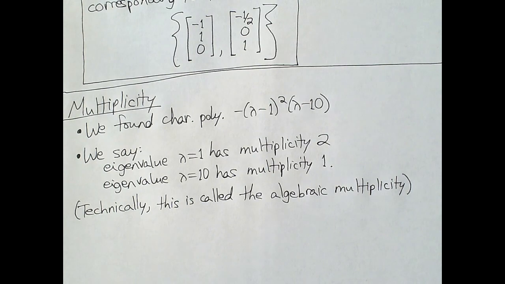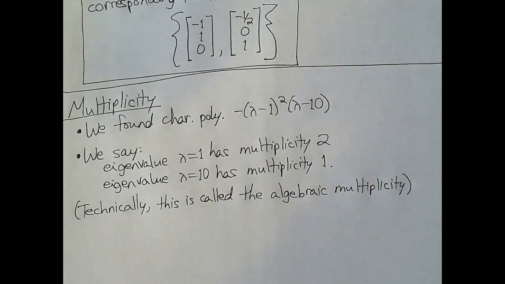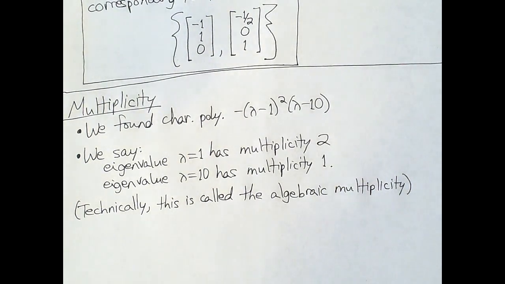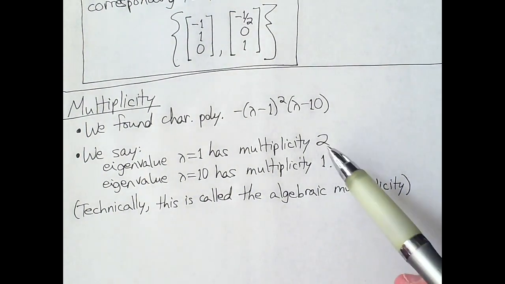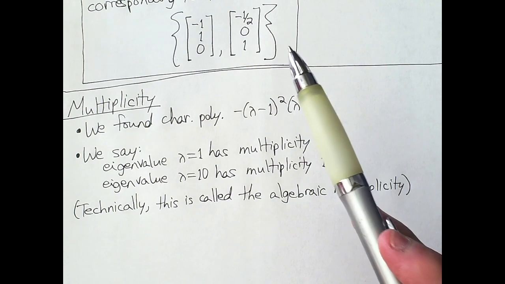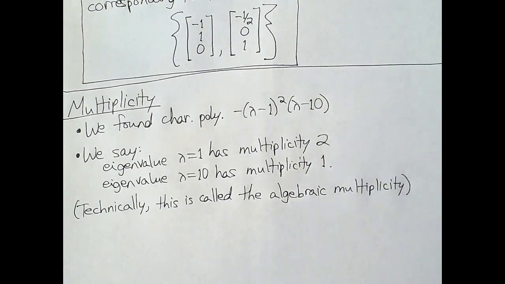If you're curious, the other type of multiplicity that I'm hinting at is called geometric multiplicity. The geometric multiplicity is the dimension of the eigenspace. And you might be saying to yourself, wait a second, isn't that the same thing? 2 and 1? The dimension of the eigenspace, those were 2 and 1.